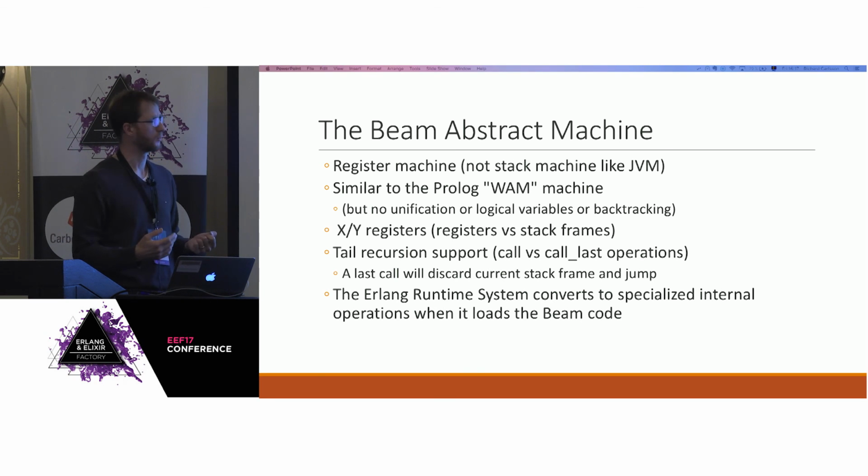That pretty much you can say about the JVM as well. The Erlang runtime system rewrites them when it loads them into more specialized internal operations, typically figuring out if some things occur very often together, then they can be bunched into a single operation, stuff like that.